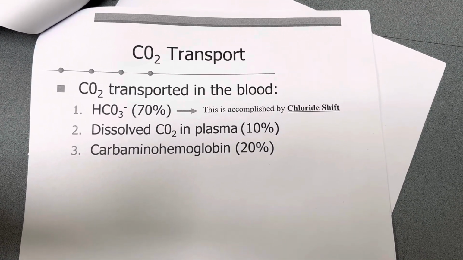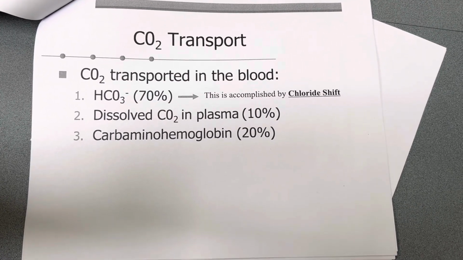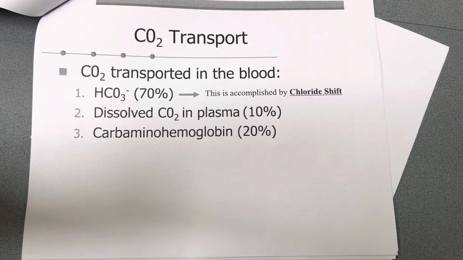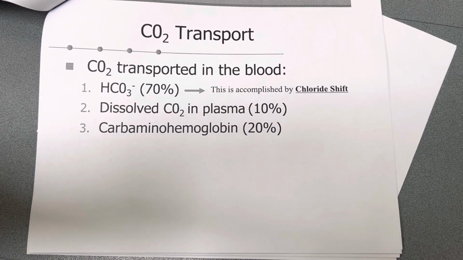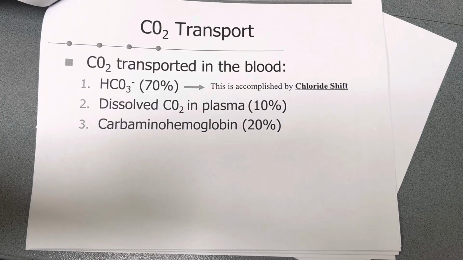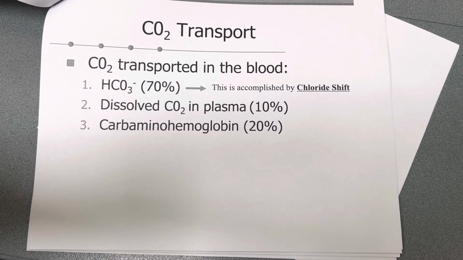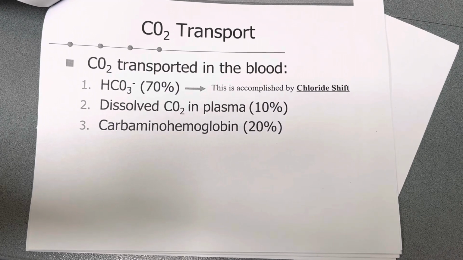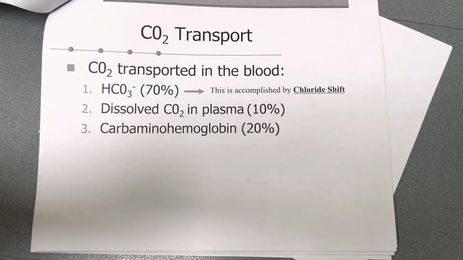Carbon dioxide transported in the blood: HCO3, 70%. This is accomplished by chloride shift. Dissolved CO2 in the plasma, 10%. Carbaminohemoglobin, 20%.